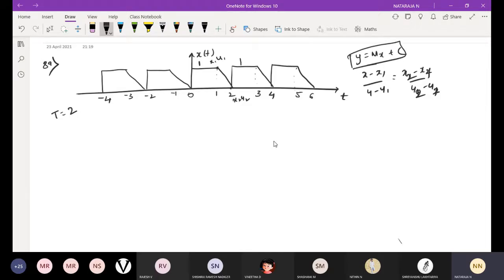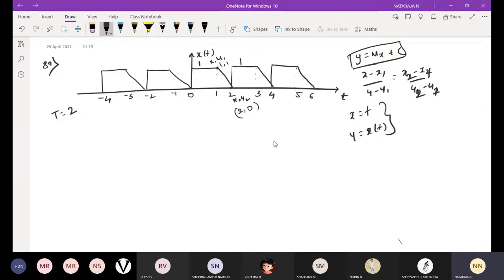What is x here? x will be t and y will be x of t. And the x1, y1 value and x2, y2 value we have to find. This will be 1 comma 1, amplitude 1. Y will be amplitude 1, x will be the time axis 1. Here we have 2 comma 0. The amplitude will be 0 and the time axis will be 2. You will substitute here and you will get the equation.